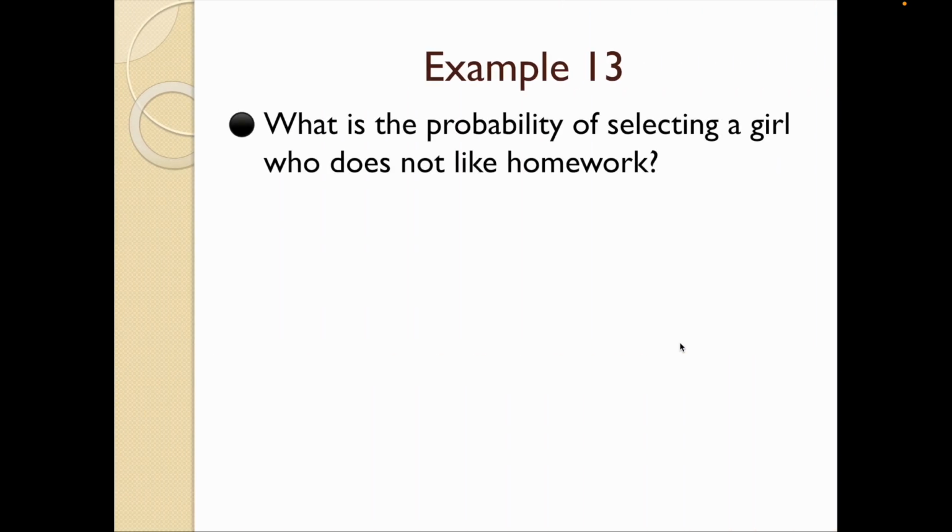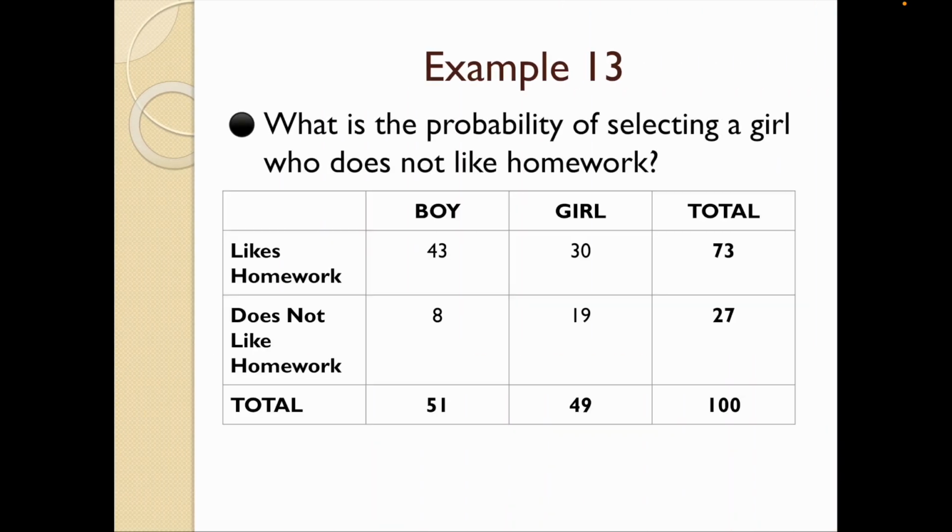It says, what is the probability of selecting a girl who does not like homework? So take note of what our focus is now. Before we were selecting a student, then we selected a boy.